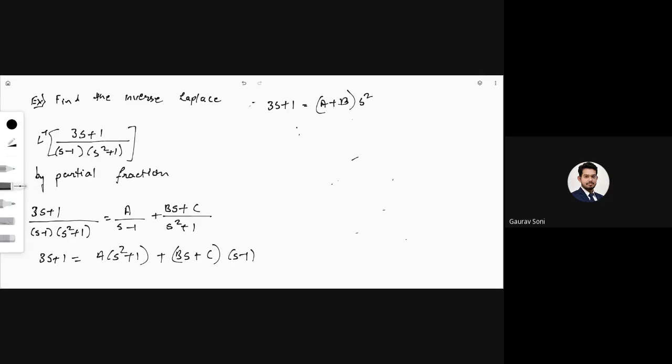Or simply in this case, what I will do is I'll put the values of s. So put s is equal to 1. So what we get, this term will become 0. 1 minus 1, 0. So 4 is equal to 2a. So a is equal to 2.